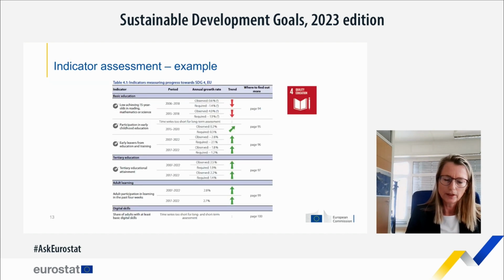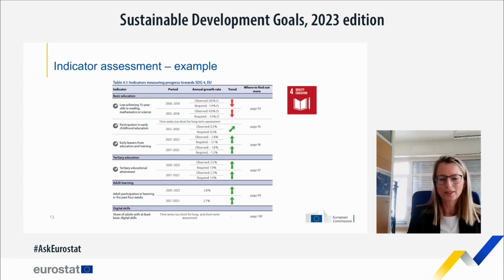On the next slide, I show you an example. So for example, SDG 4, you see all the indicators which are used to assess this goal. The little symbol on the left with the target shows that there is a political target which we evaluate. And then you can see both the long-term assessment and the short-term assessment.